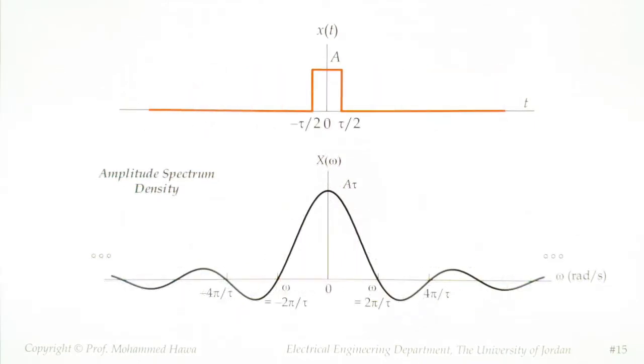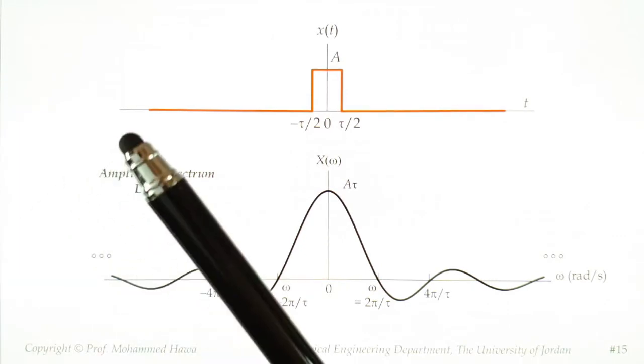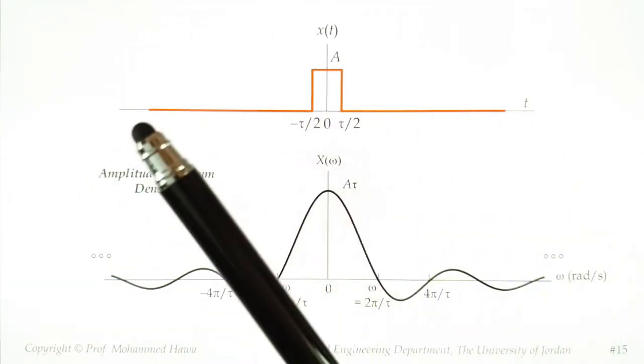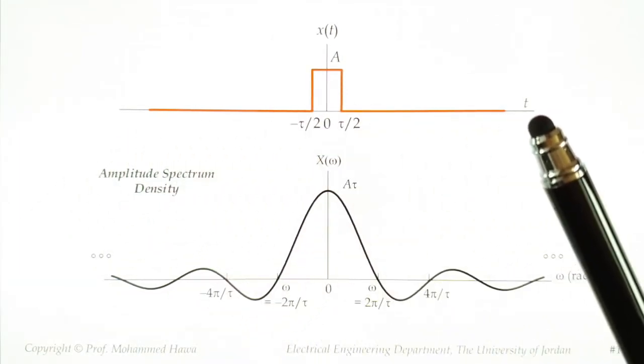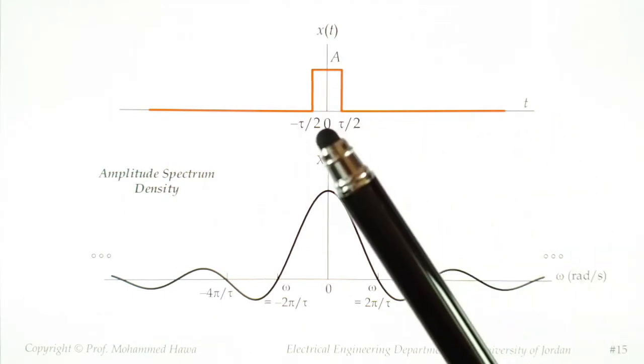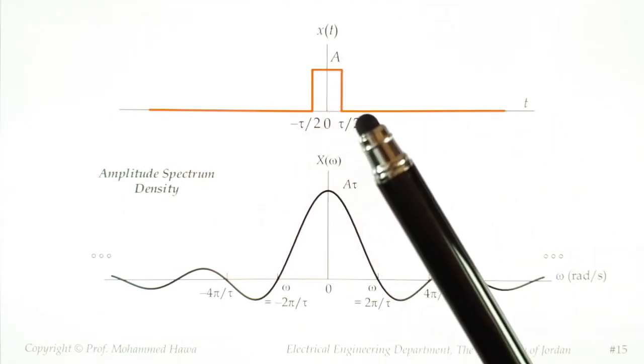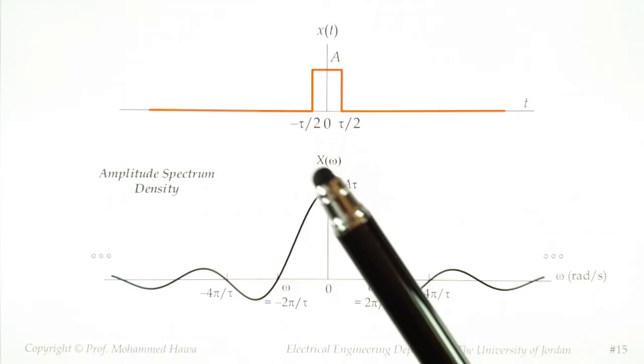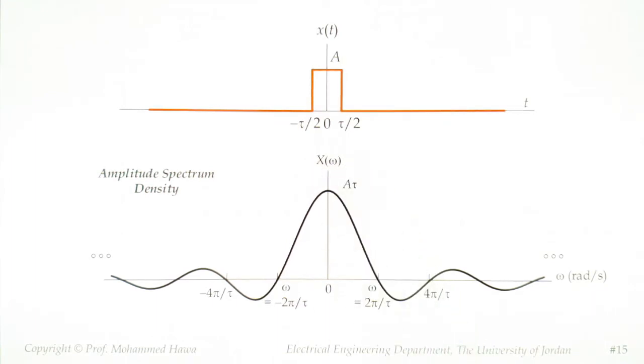It's still controlling the alpha n values. What if now you consider x of t as this aperiodic single rectangular shape? Instead of repeated rect, now you consider one rect, and you do the integral to find X of omega. What is the answer you're going to get? You're going to get this smooth curve sinc signal as the answer for the Fourier transform X of omega of this aperiodic signal.